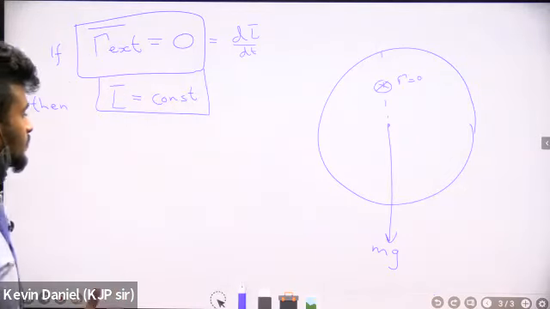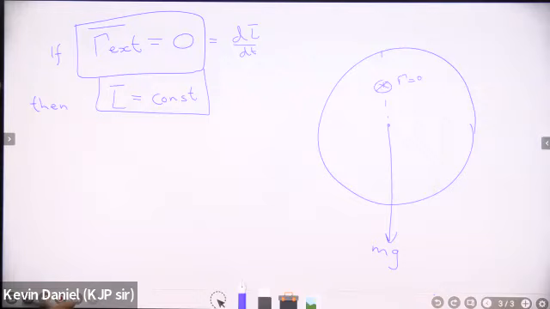It's very easy to find an axis about which torque is 0, especially when the net force is non-zero.